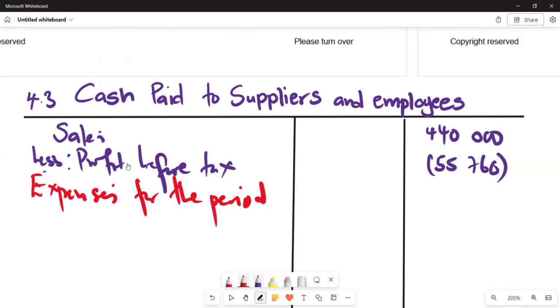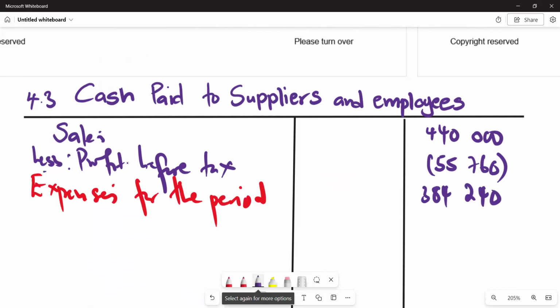So we'll try to see what you get there by saying 440,000 minus 55,760. The answer is 384,240.